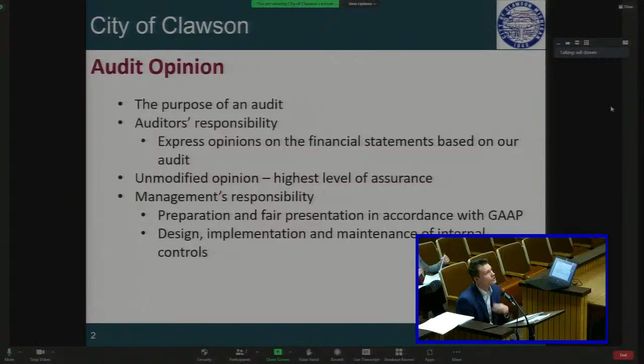None of our opinions are changed because of these emphases. It's just to draw attention. The next one was corrections of errors, which were restatements on the prior year balances. Those are detailed more in footnote 15. And then we're also drawing attention to the deficit fund balance in the motor pool fund.